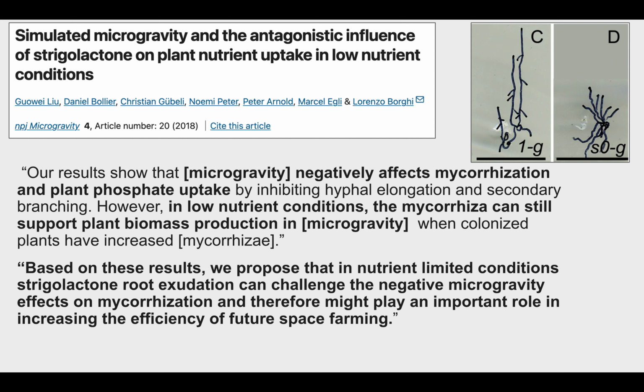We can see in this image that image D is the mycorrhizae grown in microgravity compared to regular gravity in image C, and there's a difference in growth. It looks stunted. But overall, the researchers concluded that even though mycorrhizae are not as effective in growing in microgravity, they're still going to be able to support plant biomass production in microgravity. So even though there might be some negative effects, they're still going to play a really important role when we think about the future of plants in space.